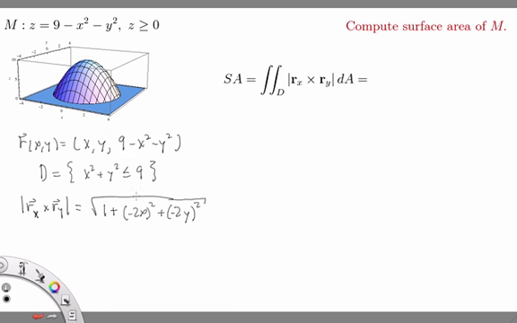So the partial with respect to x is negative 2x, and the partial with respect to y is negative 2y. And so simplifying, we get the square root of 1 plus 4 times x squared plus y squared.